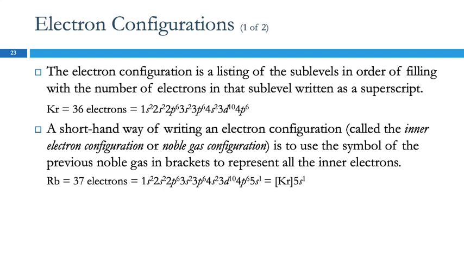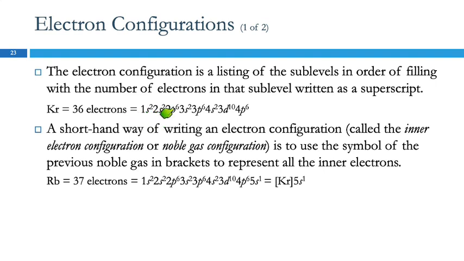When we talk about an electron configuration, it's just a listing of the sublevels in the order that they fill, with the number of electrons in that sublevel written as a superscript. So this is like what the front desk clerk might have written down to keep track of what rooms are occupied. The 1s room has 2 people. 2s has 2 people.